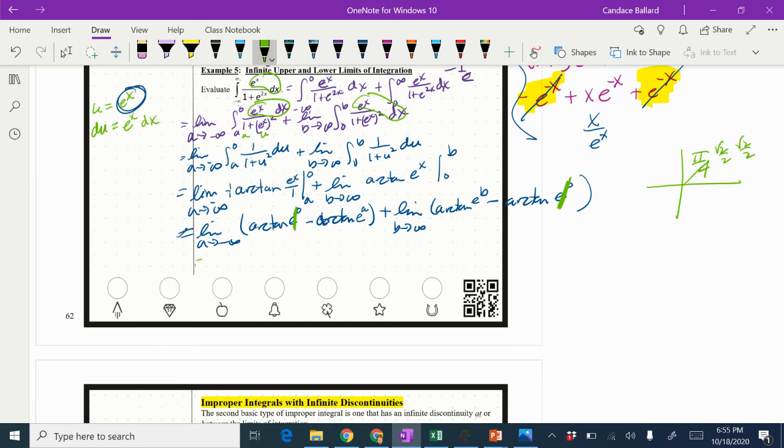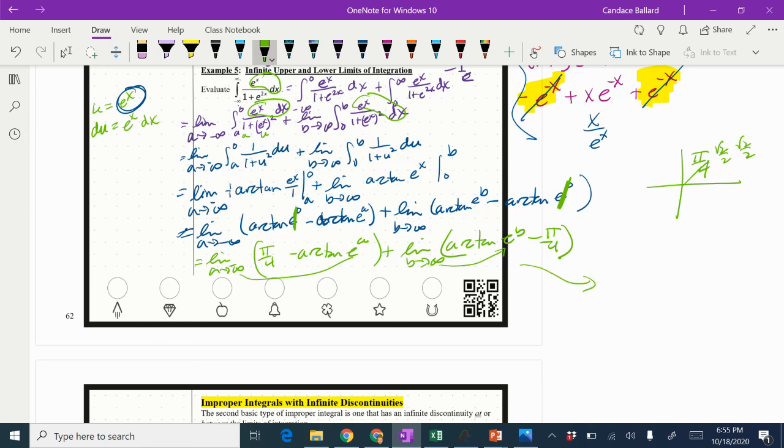So I know that we have the limit as a approaches negative infinity of pi over 4 minus the arctangent of e to the a, plus the limit as b approaches infinity of arctangent of e to the b minus pi over 4. All right, actually this is a negative infinity, and this is positive infinity.